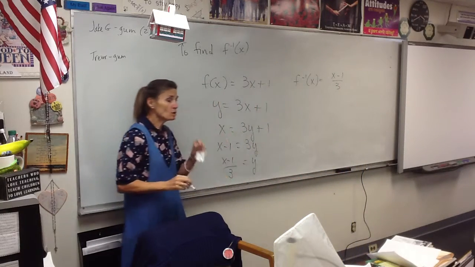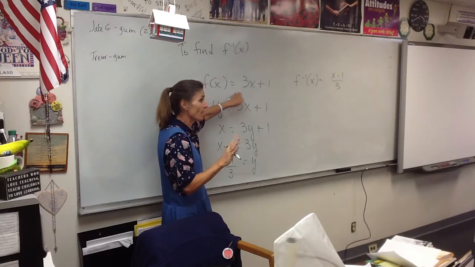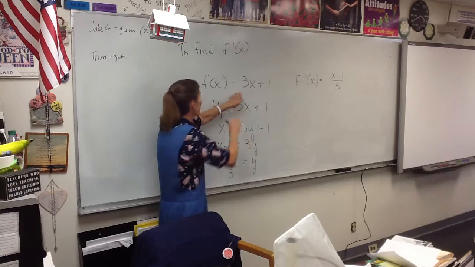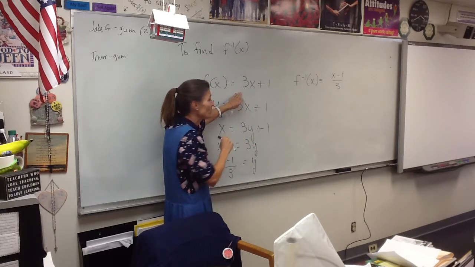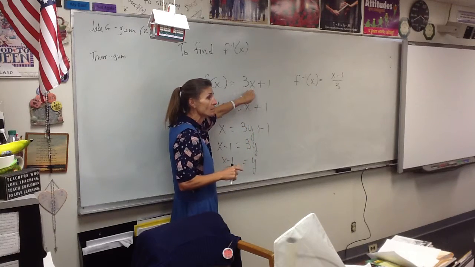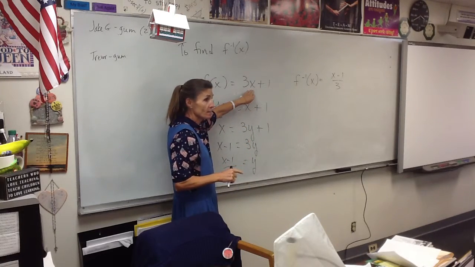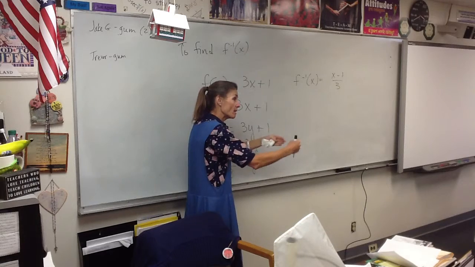Now, I really want you to think about this for a second. If your function f gets a number, like 4, somebody sticks 4 in, what happens to you? First, you get multiplied by 3, and then we add 1.